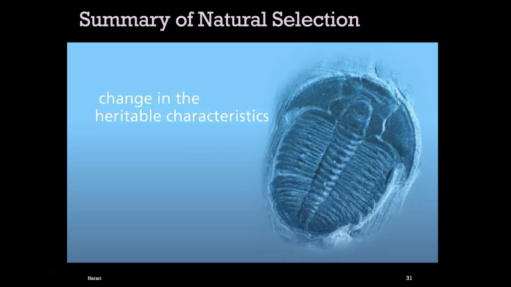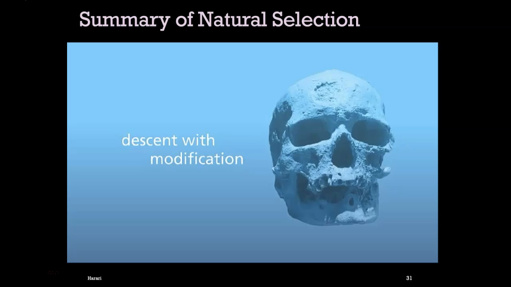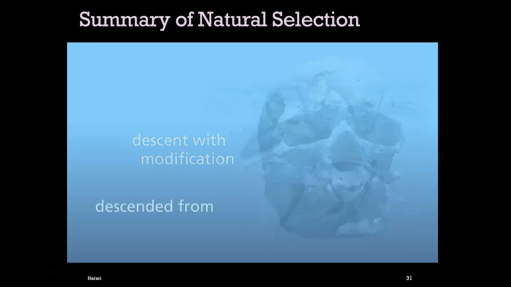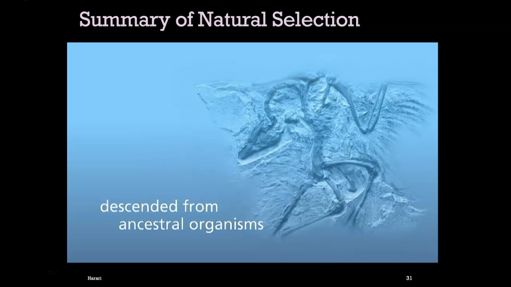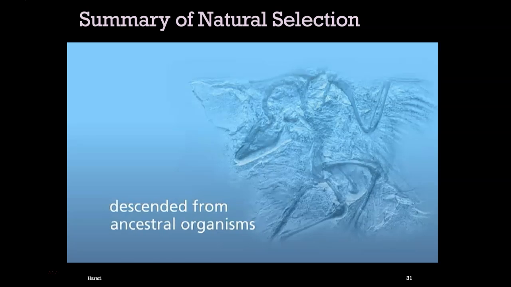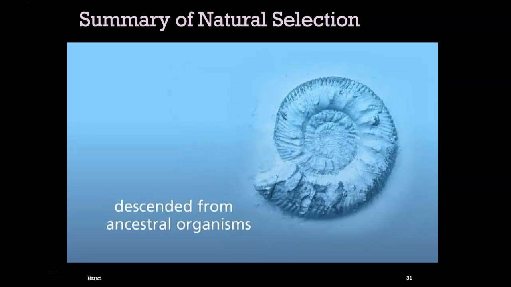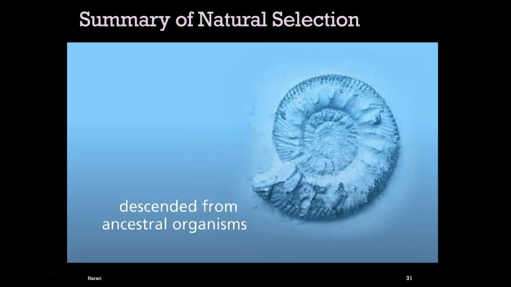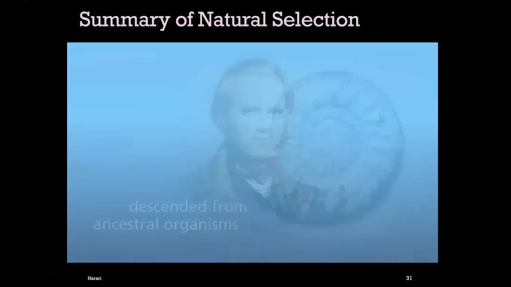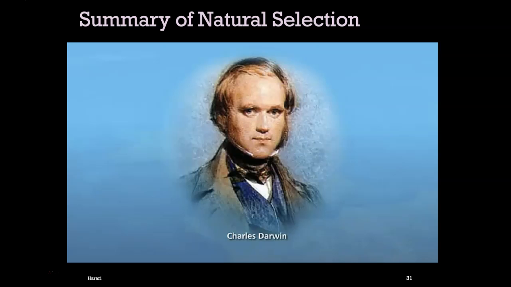Darwin used the phrase descent with modification to describe the unity of life, that all organisms are descended from ancestral organisms. Proposed in the early 1800s, evolution was controversial because scientists could neither explain nor show a mechanism that resulted in evolution. That is until Charles Darwin introduced his hypothesis of natural selection.